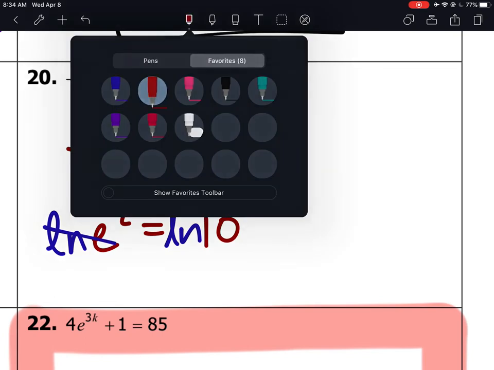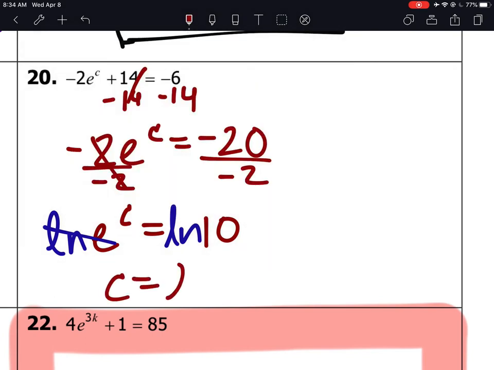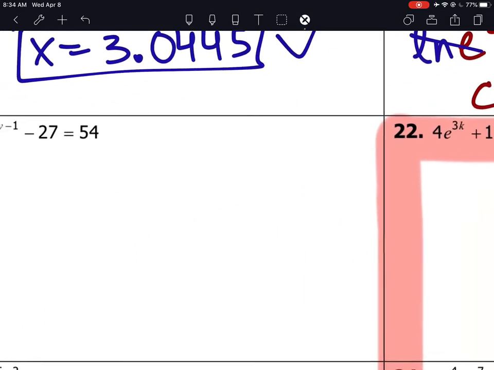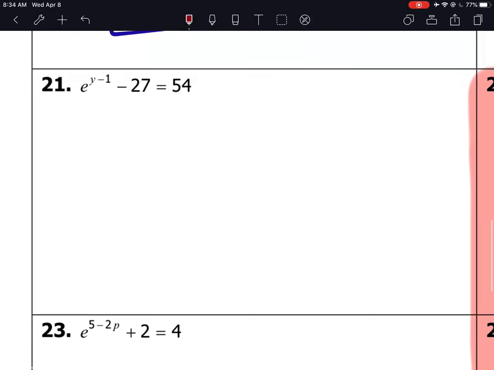In fact, I'm going to write my 10 over here because I'm going to sneak in natural log of both sides to get c by itself. C equals natural log of 10, and natural log of 10 is approximately 2.3026. And that's how you do number 20.